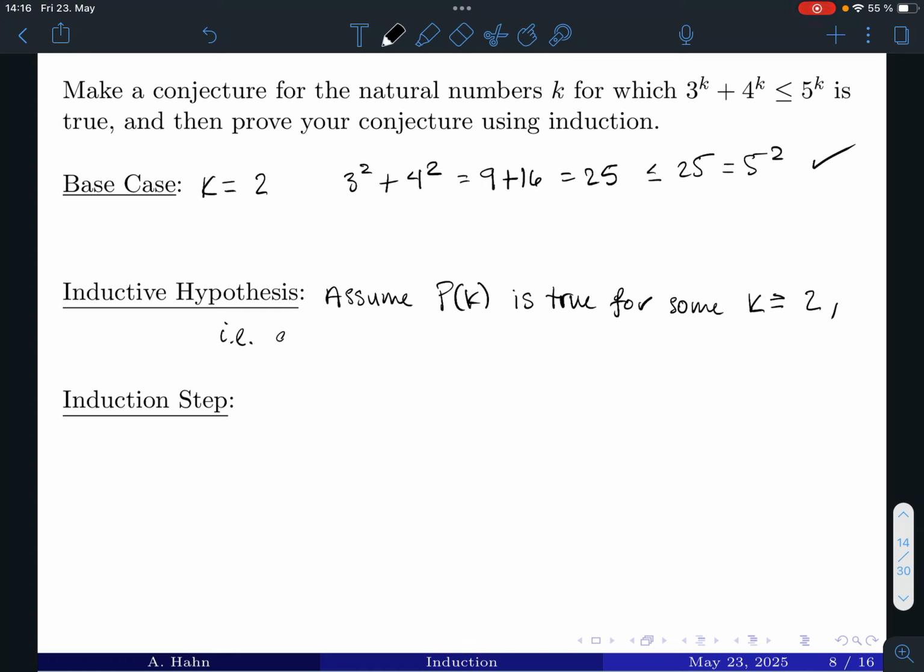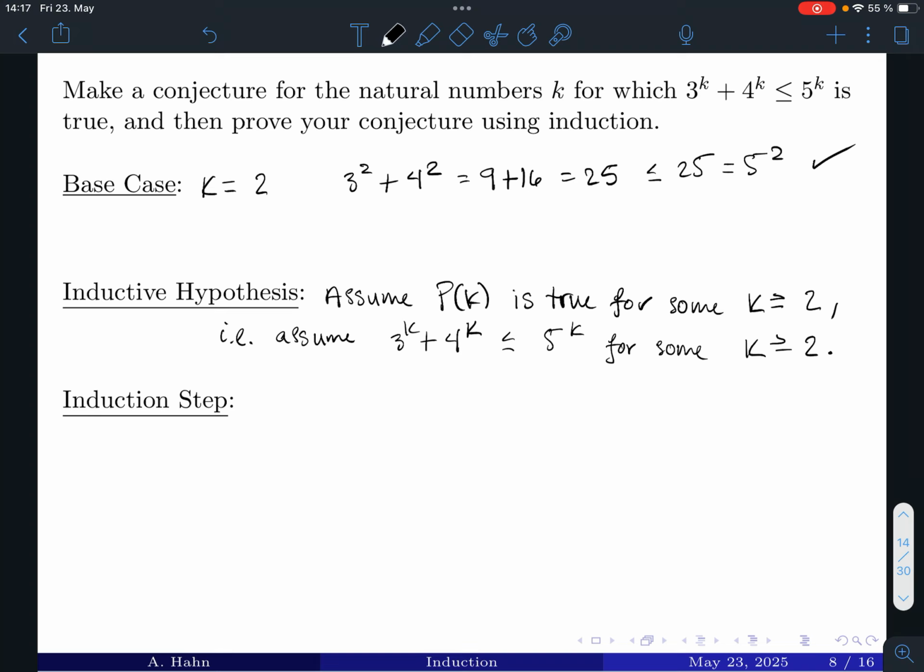And so, i.e., assume 3 to the K plus 4 to the K is less than or equal to 5 to the K for some K greater than or equal to 2.